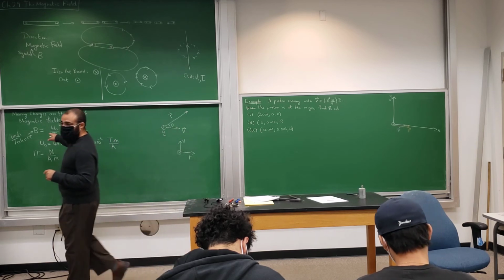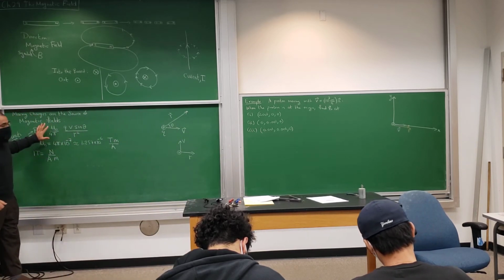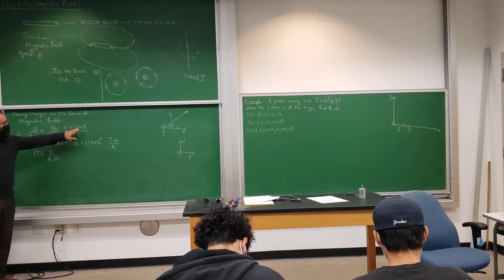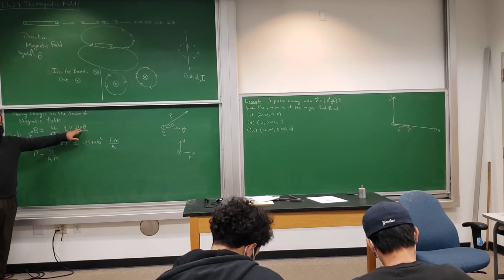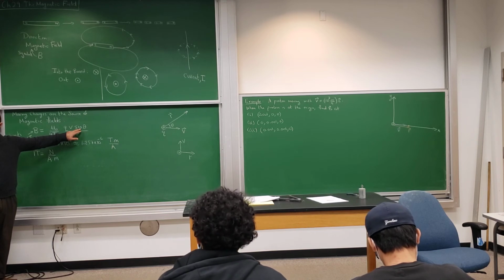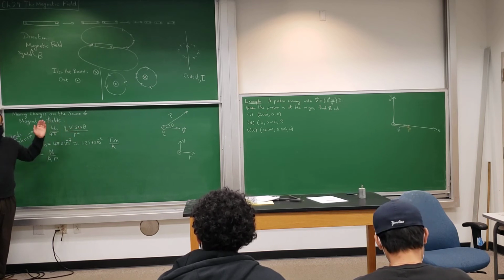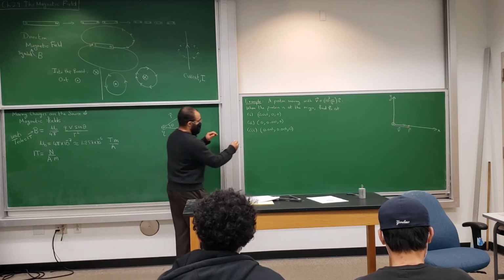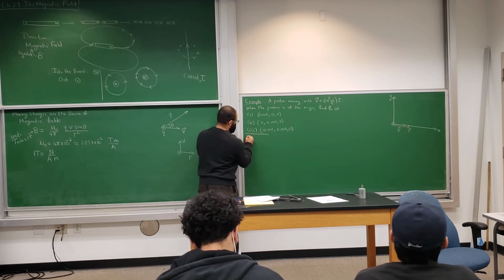So therefore, look at this. This formula here says you multiply all this stuff and then the sine of theta, which is the angle between V and R. See, if the angle is 0, sine of 0 is 0. That makes the whole thing 0. So the magnetic field, solution.